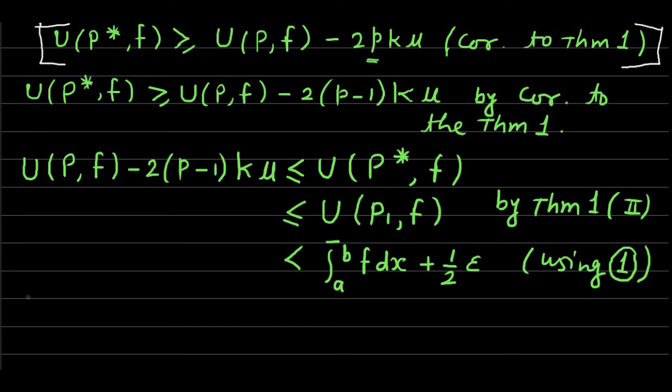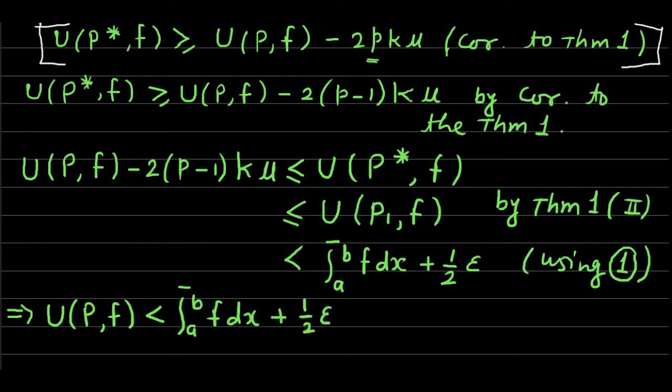So from here we obtained that upper sum over partition P for the function f is less than upper integral a to b f dx plus 1 by 2 epsilon, and plus again this quantity, if it is transferred to the right hand side, it will become 2 times (p minus 1) into k into mu.